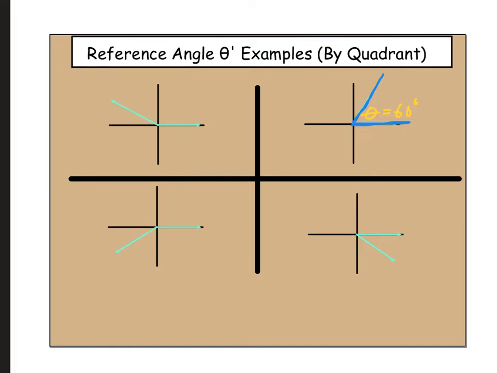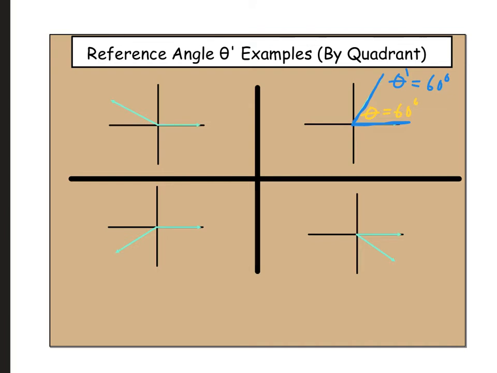I'm going to use the symbol theta with a little apostrophe, theta prime, and it equals the angle itself. We could make a right triangle out of that. That's like the one we did in the warm-up. Remember, the point was 3, 4, and we just drew the triangle using that point itself, and we were good to go. Let's do other ones where we actually have to do some work, and then we'll see what the difference is.